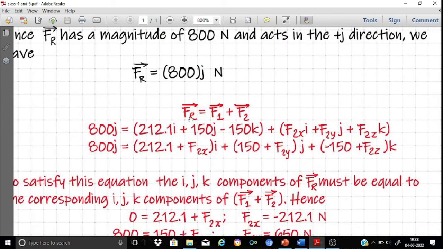So substituting the values of vector Fr, vector F1 and vector F2, we obtain an equation of this format. Look here, on the left hand side, the coefficient of i is 0, the coefficient of j is 800, the coefficient of k is 0. We also have the coefficients of i, j and k on the right side. So we can equate the coefficients of i, j, k on the left and right sides.